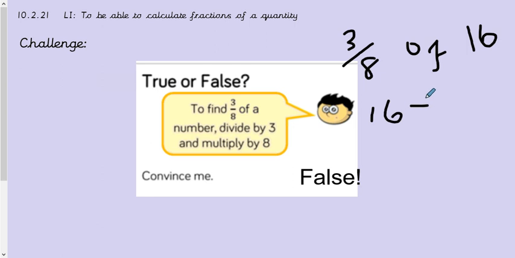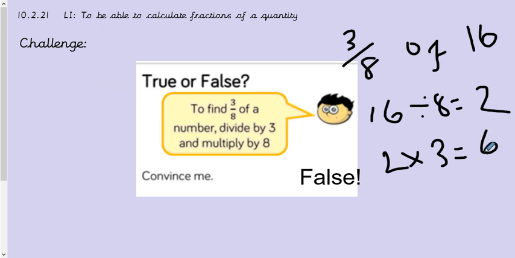So you divide it by the denominator to work out how much is 1/8, which is 2, and then you times it by the numerator, so you multiply by 3, which is 6. Okay, so he is false because he's just done it the wrong way around. You divide by the denominator and then multiply by the numerator.